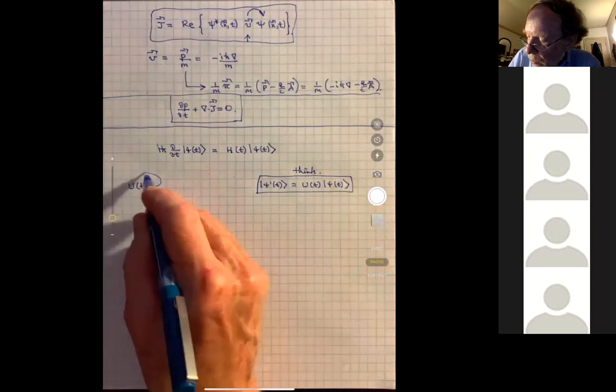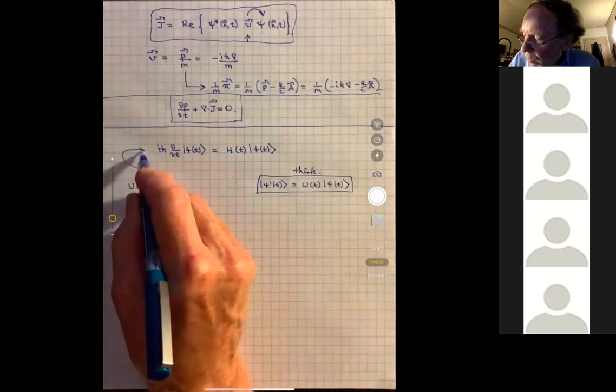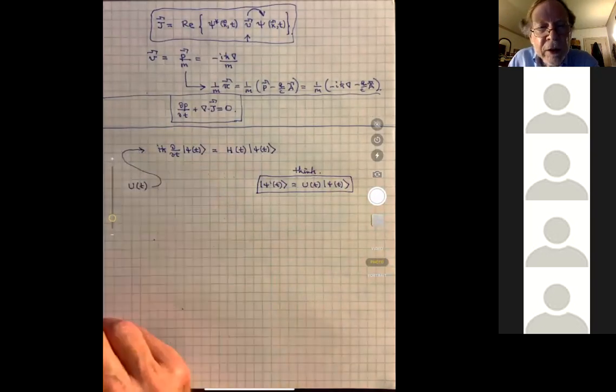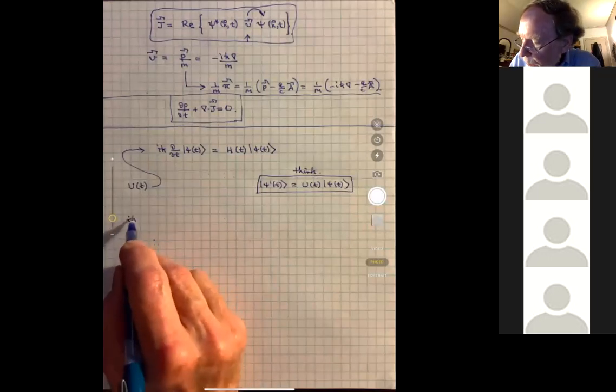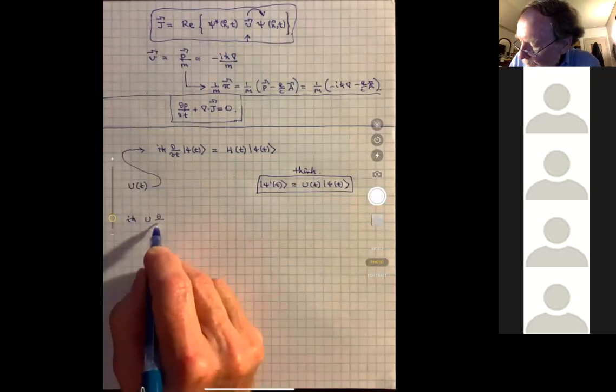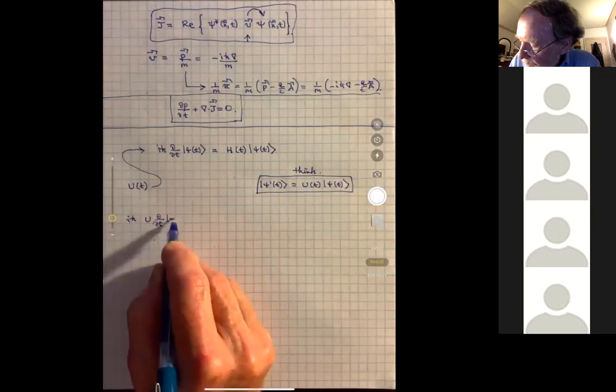Well, the way to do that is to apply this U of t to both sides of the old Schrödinger equation. Let's do that. On the left-hand side, what I get is iħ times U times d/dt applied to psi vector.